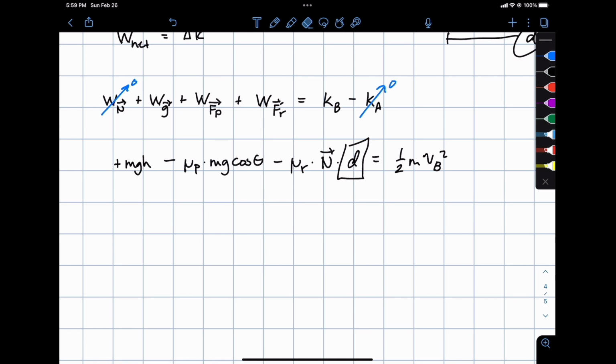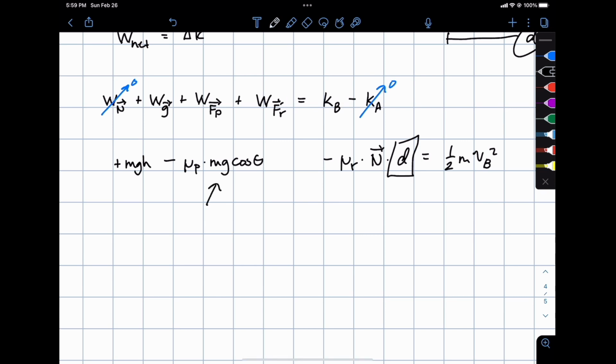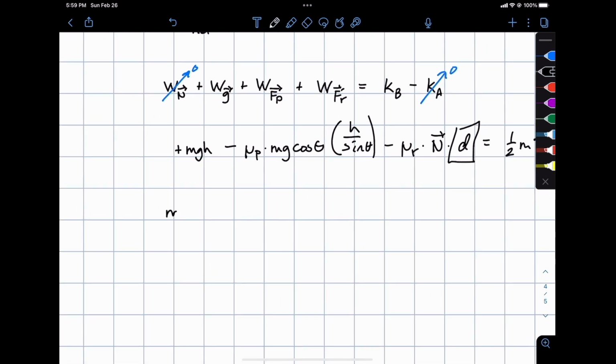Sorry. So, what did I mess up? I realized I've only done the force, but I didn't multiply by the distance, which is x. And we know from earlier x is just h over sine theta. Anyways, everything else should be the same.